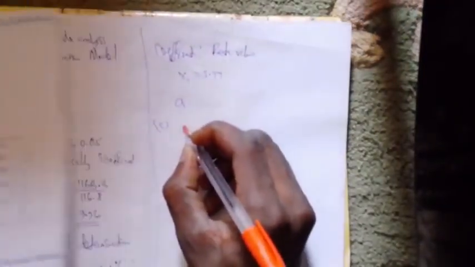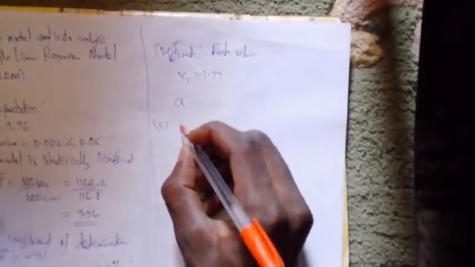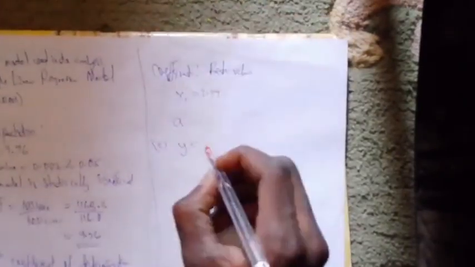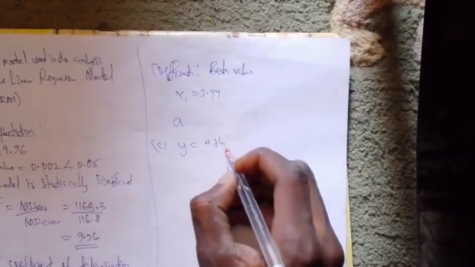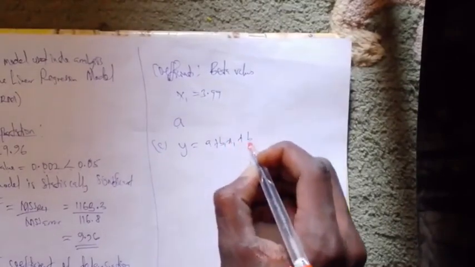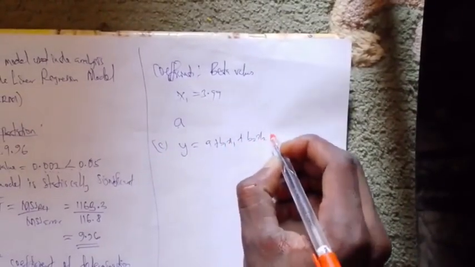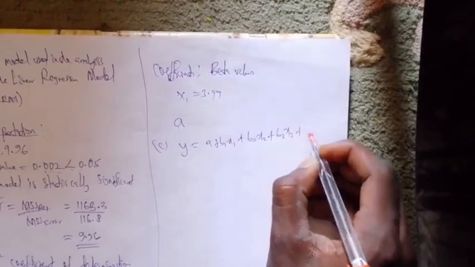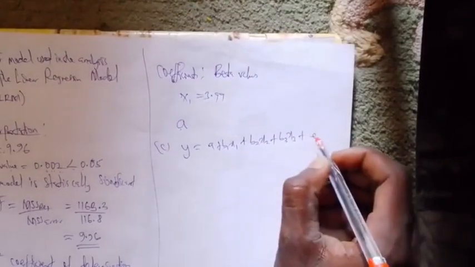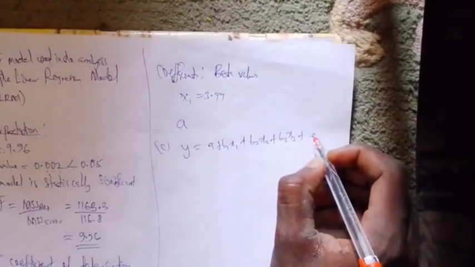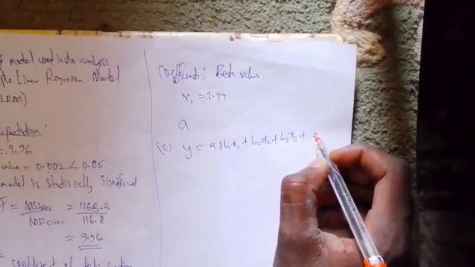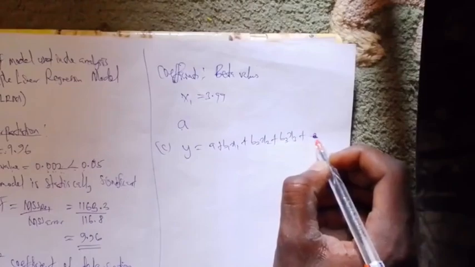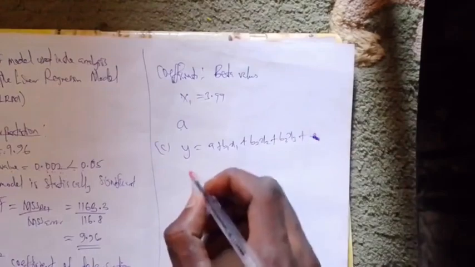C, estimation equation of the regression equation for this is y is equal to a plus b1 x1 plus b2 x2 plus b3 x3 plus e. But since it is an estimation equation, it has no error. Remember in our previous video, estimation equation has no what? Error.